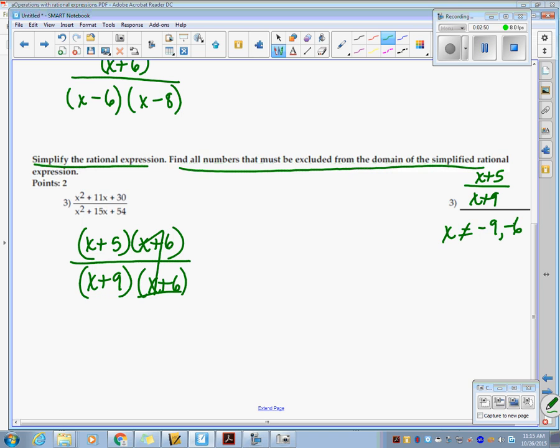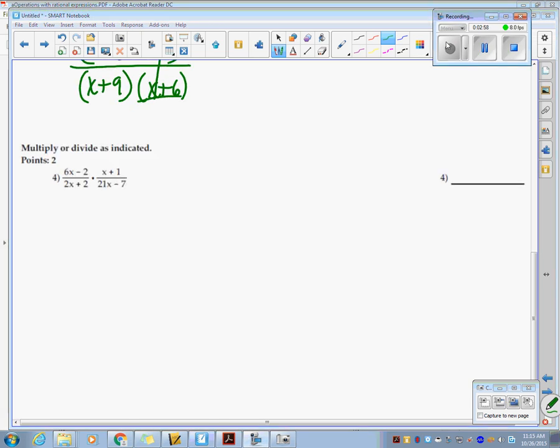Okay, moving on to number 4. You're going to be multiplying here. And remember, multiplying in this is a little misleading, because what you really want to do is factor. So 2 goes into both 6 and 2, so 2 times 3x minus 1.